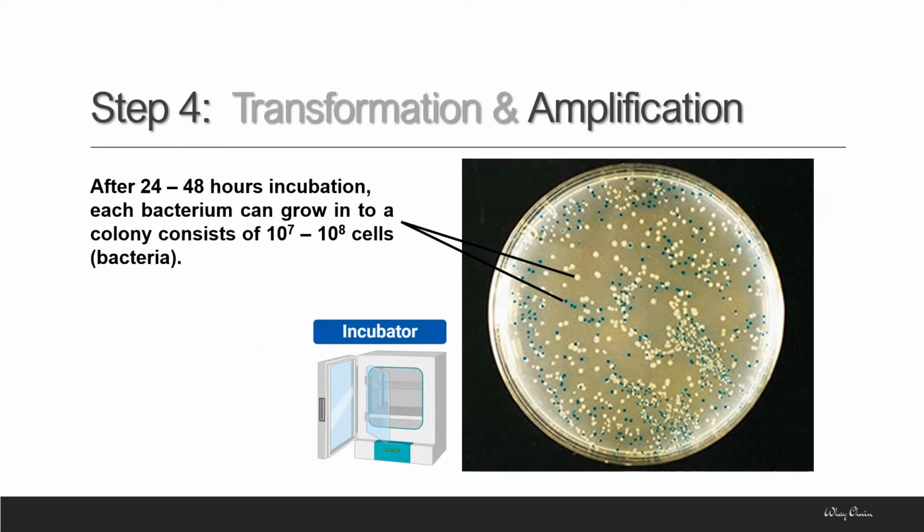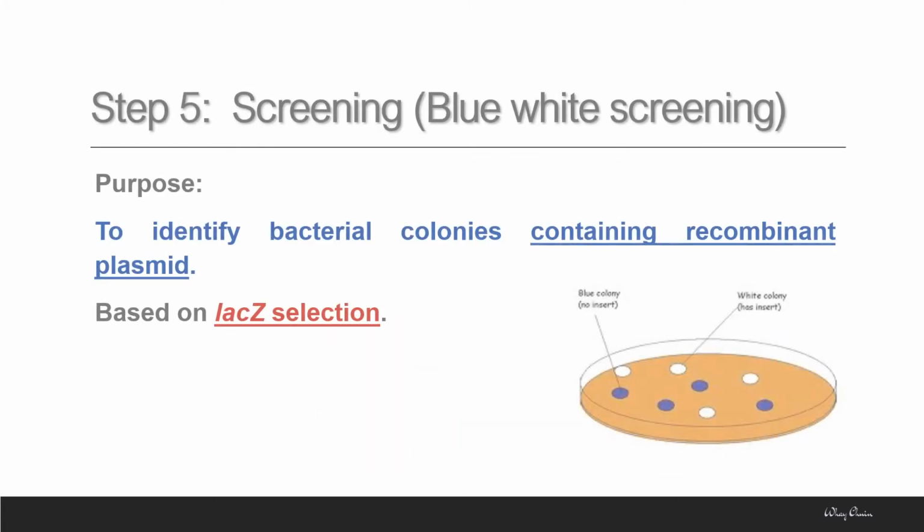After the incubation, we can observe the colonies formed at the surface of the agar plate, even with the naked eyes. But why do we have two colors of colonies, which are blue and white? It's because the last step of gene cloning is screening, which is also called blue-white screening.